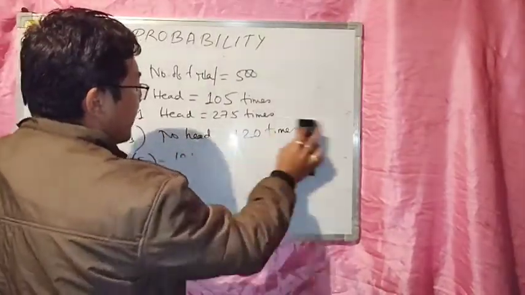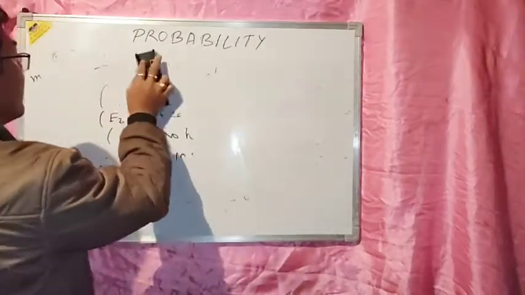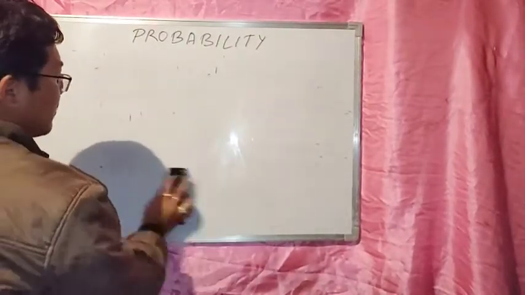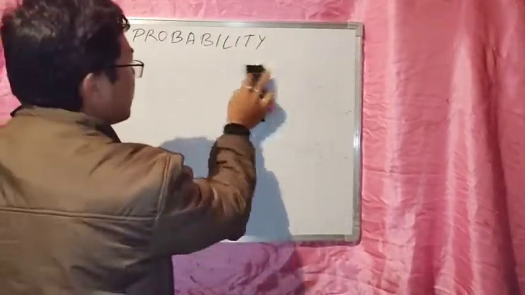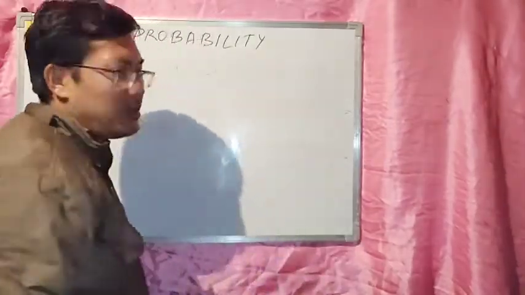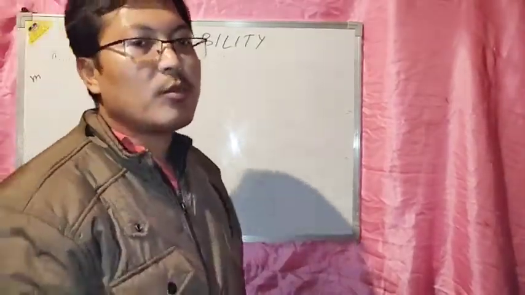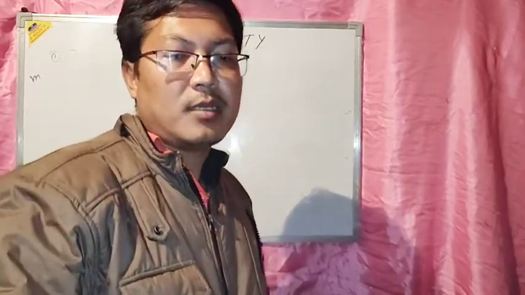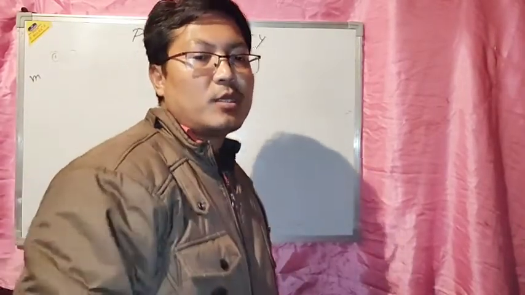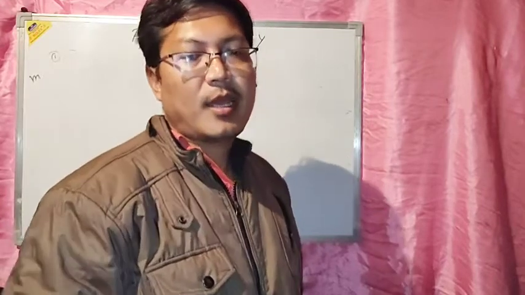Now going to example 3. If you have any question regarding this, you can ask in the comment part. So example 3, what is given? A die is thrown 1000 times. The number of frequencies are given.